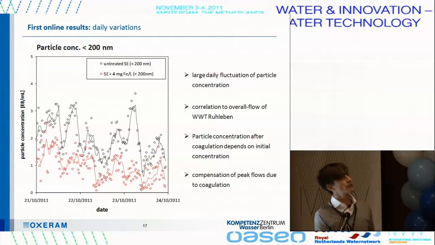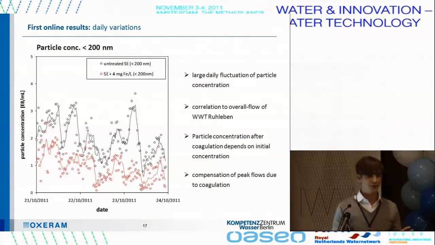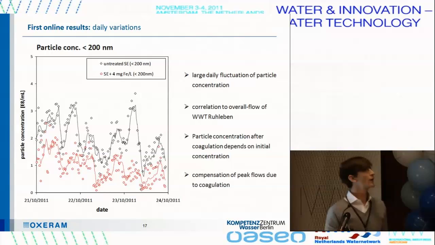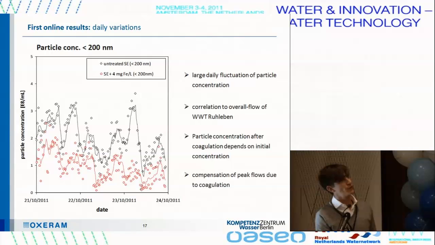And we have large daily fluctuations, but we find a correlation between the overall flow of the treatment plant and the particle concentration. If we have rain weather events or a daily peak in the morning, we have higher particle contents in the water. But due to coagulation, these peak flows can be compensated.